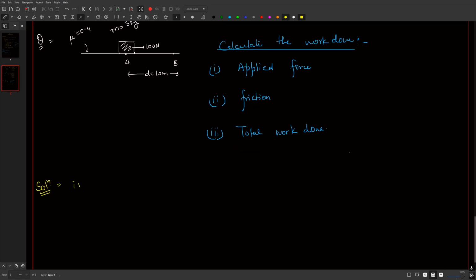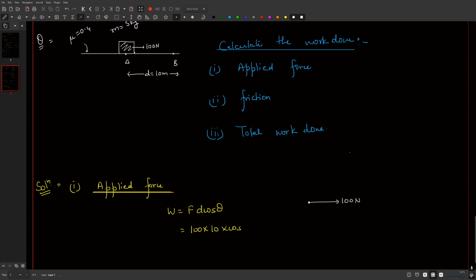The first part is the applied force. Using the expression work done is equal to Fd cosine theta. Well, force is 100 newtons, displacement is 10 meters. For cosine theta, when we are talking about the applied force of 100 newtons and the displacement of 10 meters, they both are acting in the same direction.